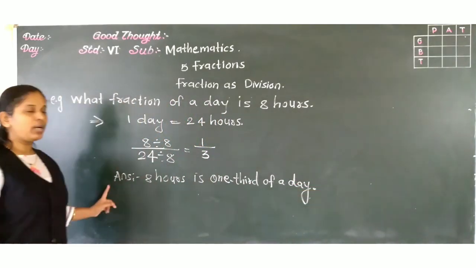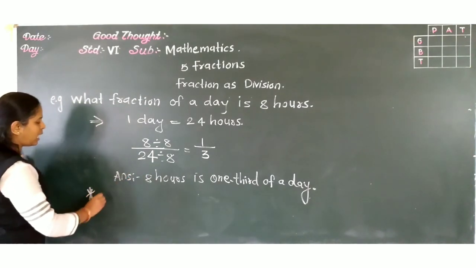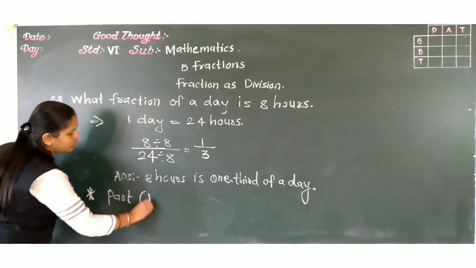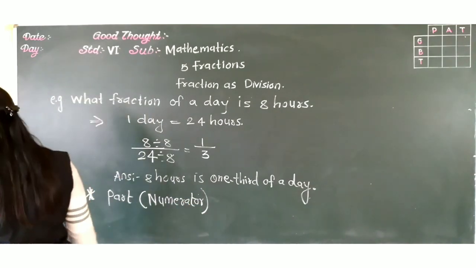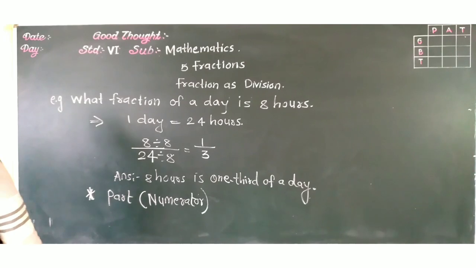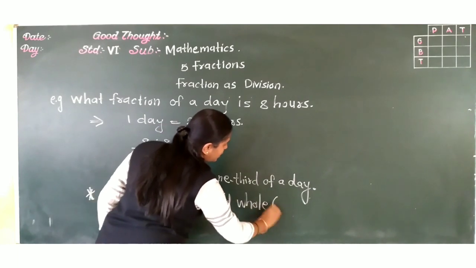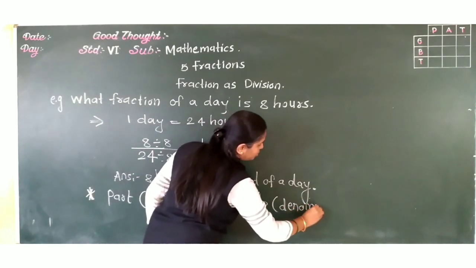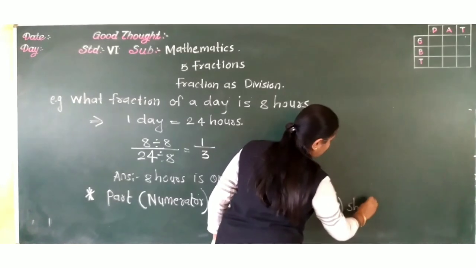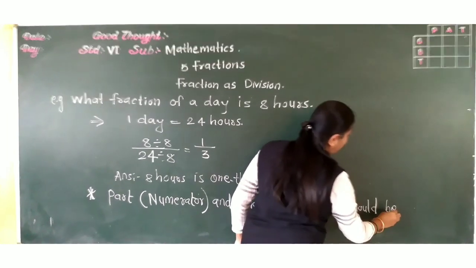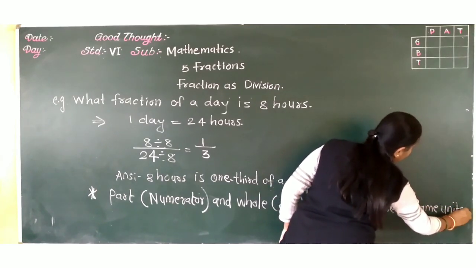From this example, what important thing have we learned? We have learned one important thing: that the part is the numerator and the whole is the denominator, and they should be in the same units.